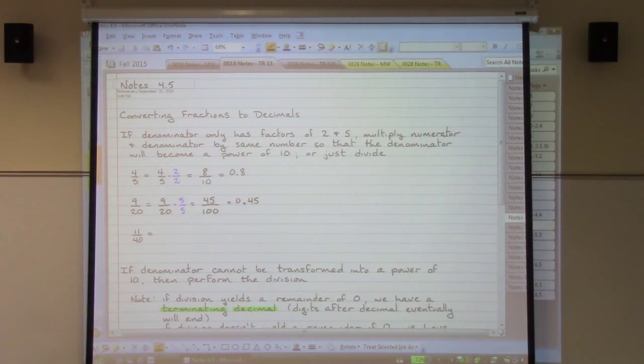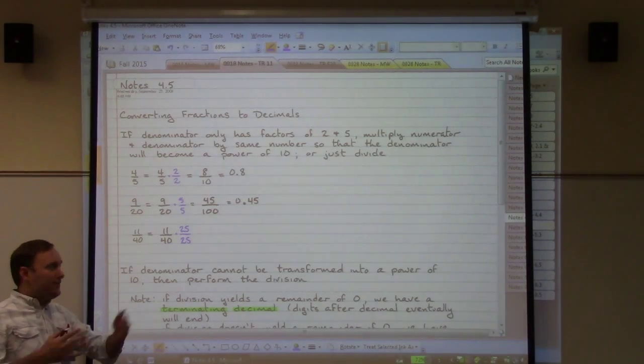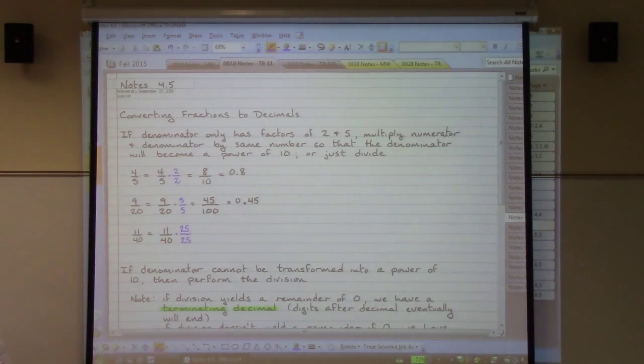There's no nice way for me to turn the number 40 into a 100, which means I would want to try to turn the 40 instead into a 1000. In order to accomplish that, I would have to multiply by 25. If I do that in the bottom, I have to do it in the top, which means that we would get a fraction 275 over 1000.